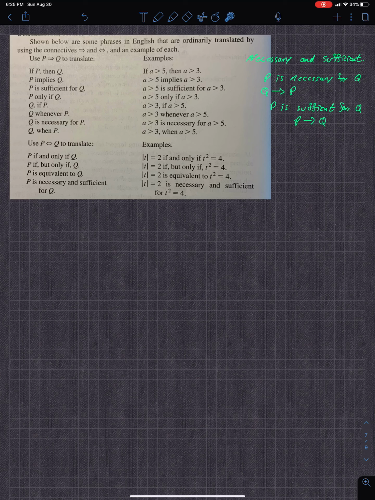So when you see the if and only if, you've probably already studied a lot of this at this point, but I thought I'd throw it in here just to be a little more careful. So Q is necessary for P, and here's a sufficient: P is sufficient for Q. Those directions they talk about in the book a little bit. Anyway, I'll leave that there for you.